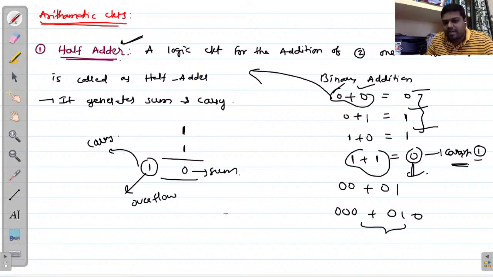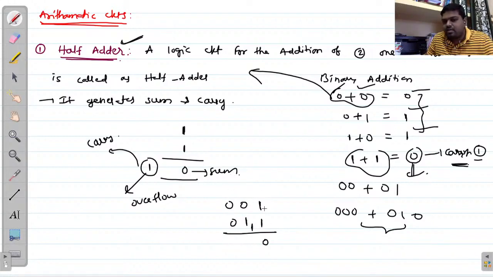For example, if I am taking 0 0 1 and 0 1 1, this is a 3-bit addition. So 1 1 means a sum 0 and carry 1. That means this carry is forwarded to the next bit addition. This is the first bit addition, this is the second bit addition, this is the third bit addition, okay.